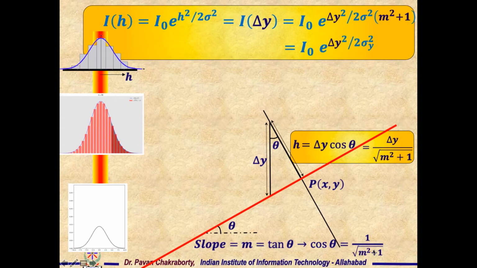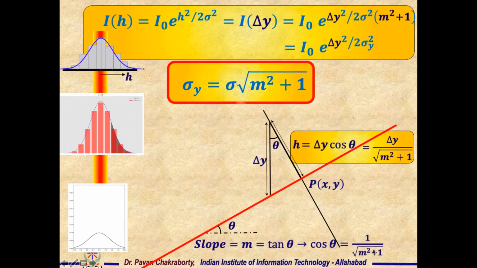So if I choose this cross section to be sigma y, then this cross section can be determined as a function of the slope of the line, that is the cross section of the line that I would like to have, sigma, multiplied by the square root of m squared plus 1. Now please note, if I take m equal to 0, I see that the sigma of the line, sigma y, becomes equal to sigma.